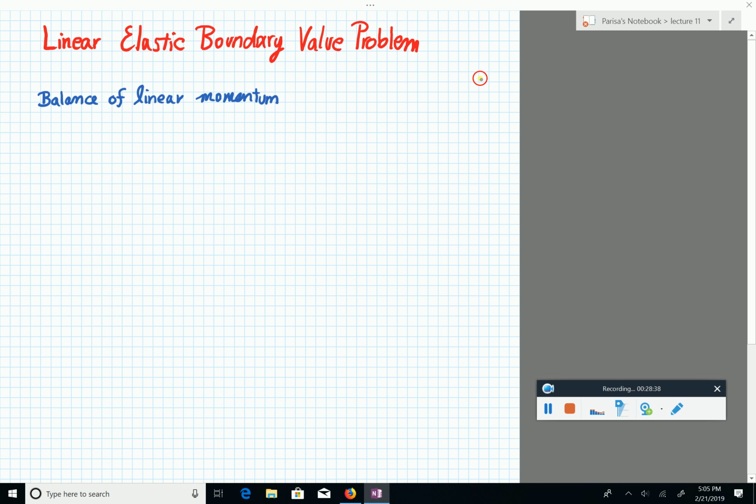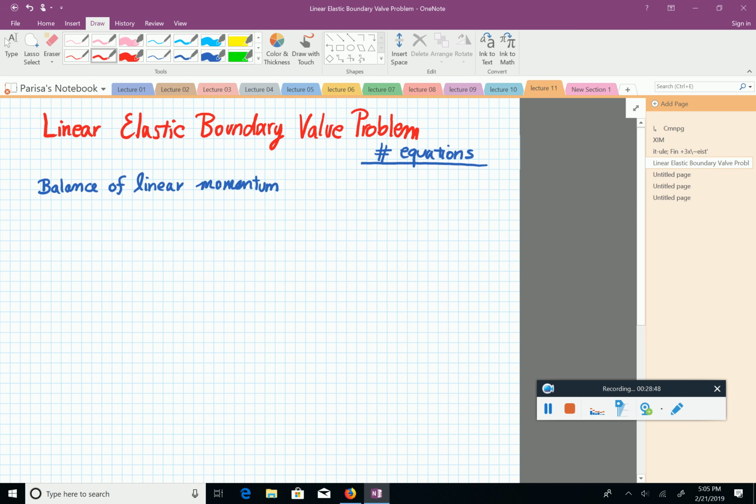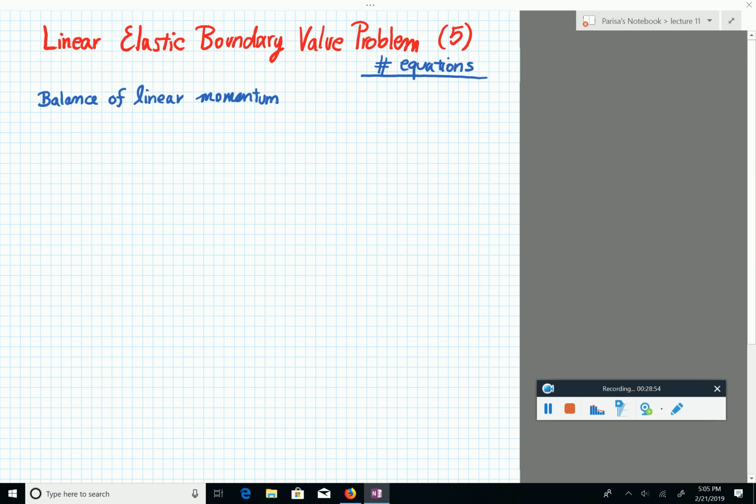Number of equations. And this is chapter 5 now.